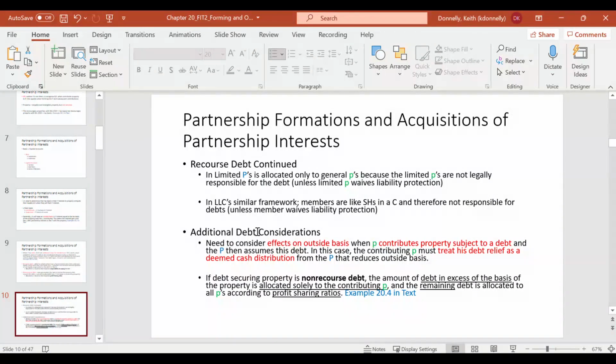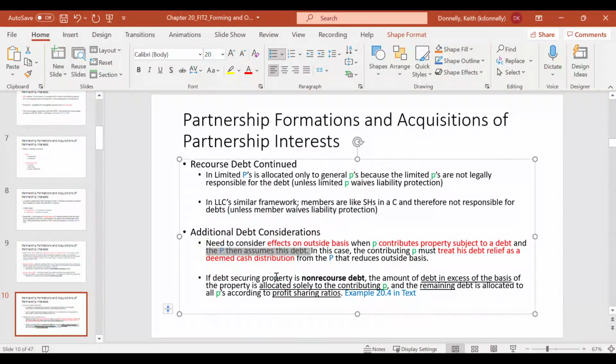This puts the second twist on it. So here, when a partner contributes property subject to a debt, and then the partnership assumes this debt. So hey, here's a $100,000 building with a $30,000 mortgage attached to it. The partnership is now going to assume this liability. We as the partnership are on the hook for this.